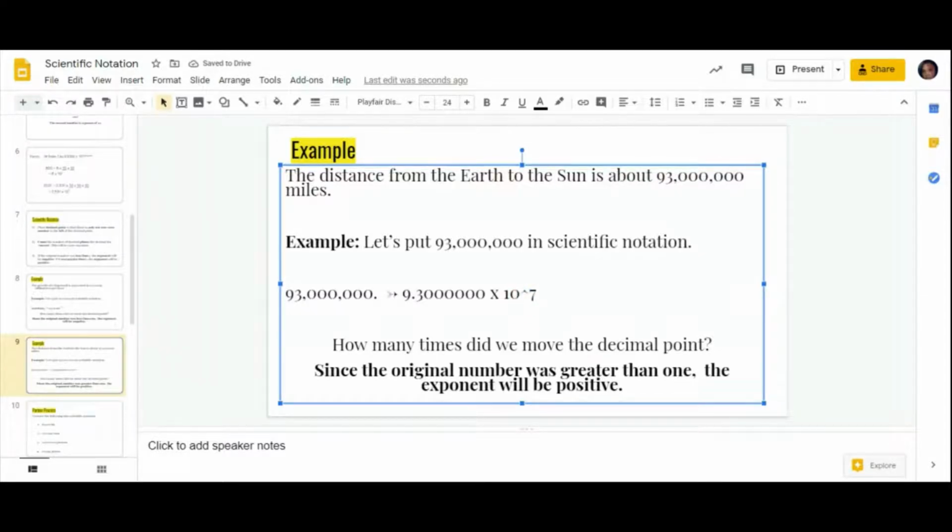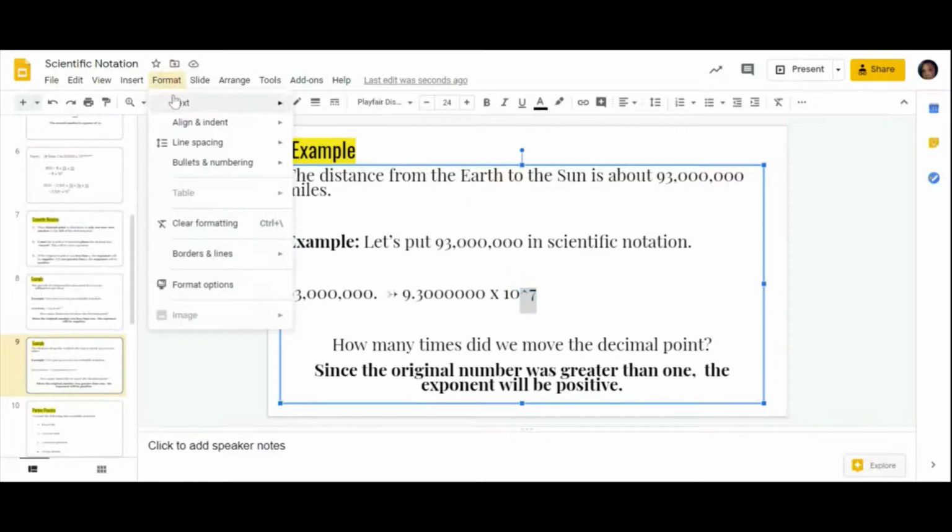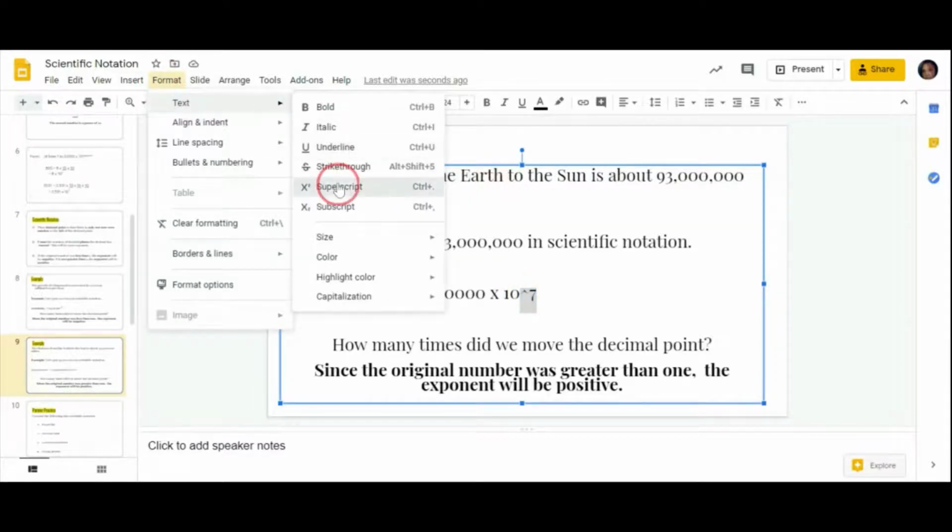So the next question is, is that a positive or a negative 7? Well, this number, when we originally started, was much greater than 1. That means that the exponent is positive. And so I do not need to add a negative sign.